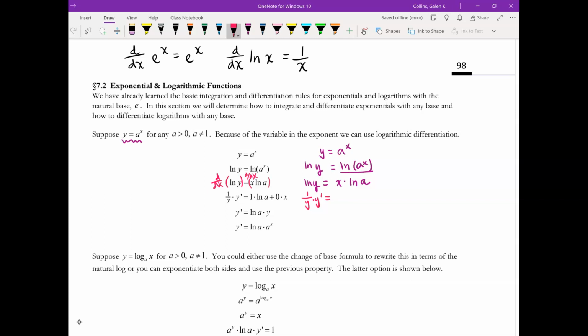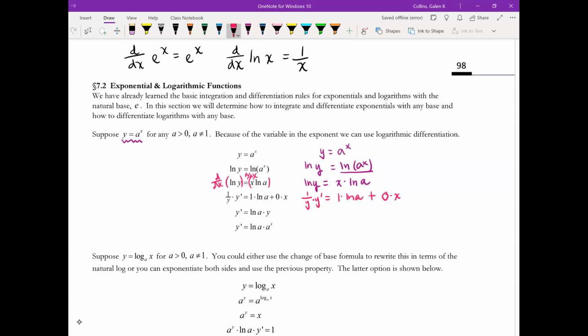And then on the right side, again, we're using the product rule. So the derivative of x, which is 1, times the natural log of a, plus the derivative of the natural log of a, which is 0 because a is a constant, so the natural log of a is also a constant, times our first function x.